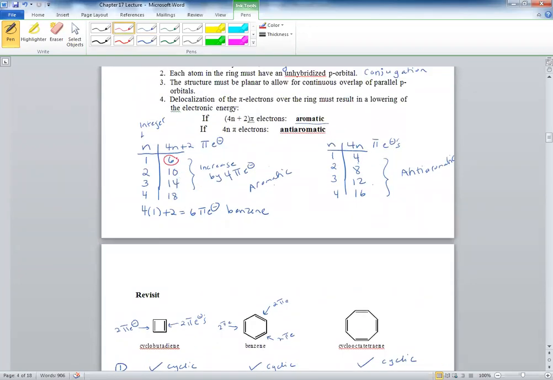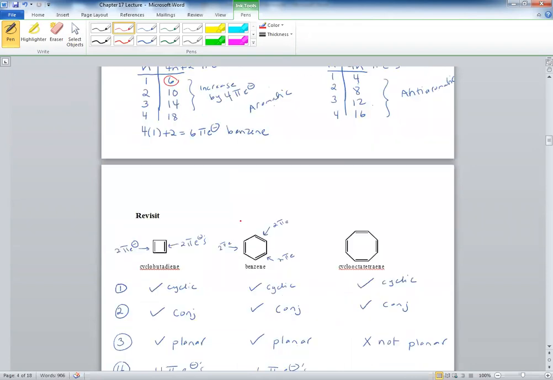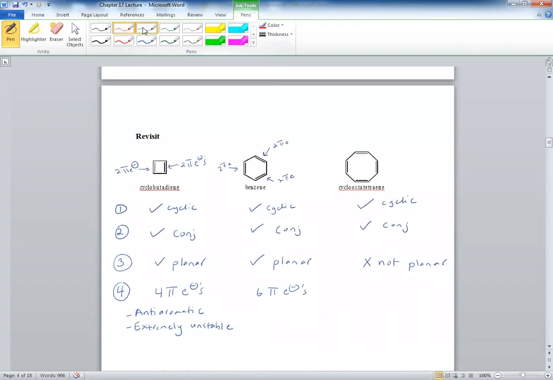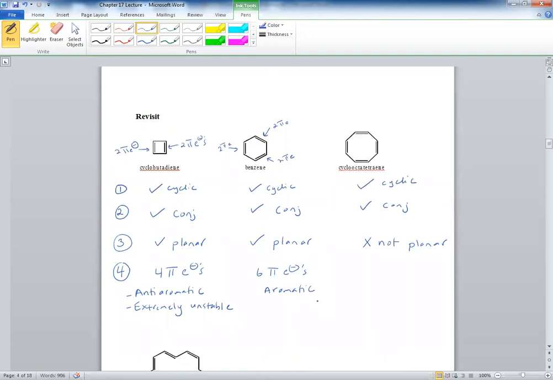So 6 pi electrons. That comes out to be aromatic, which has an unusual, as we said, stability.